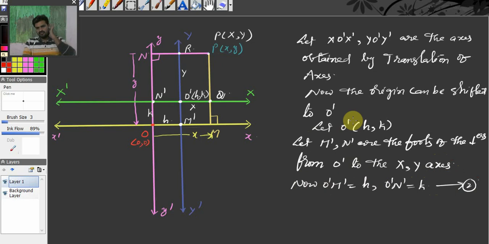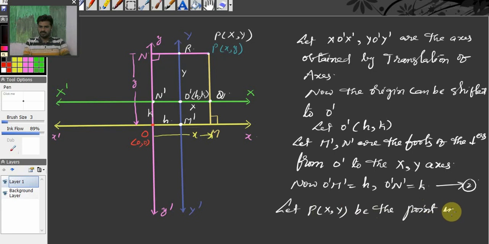Now we have to find out the coordinates of the point P with reference to the new system. Let P capital X comma capital Y be the point in the new system.